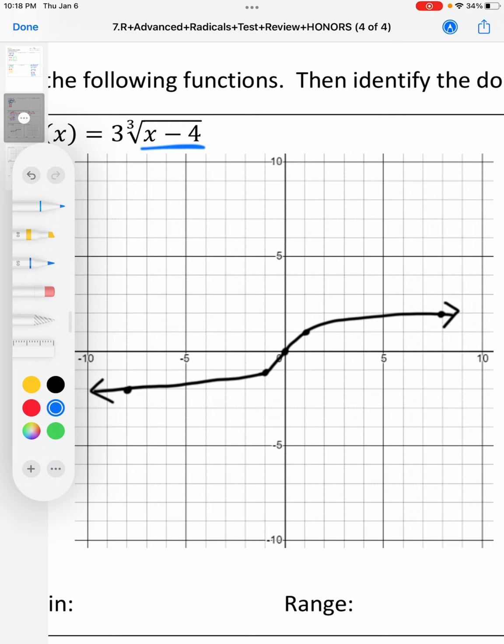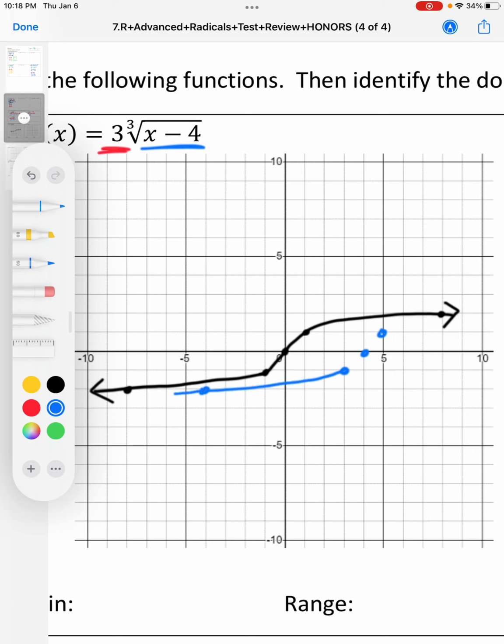And if both things were happening to the y, I'd stretch before I shift. But since only one thing's happening to x and one thing's happening to y, we're just going to start with our x and then go to our y. So x here, we move right 4. So let's move every single one of these points over 4.